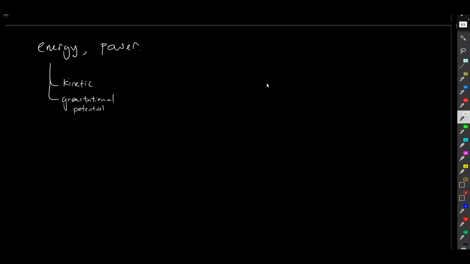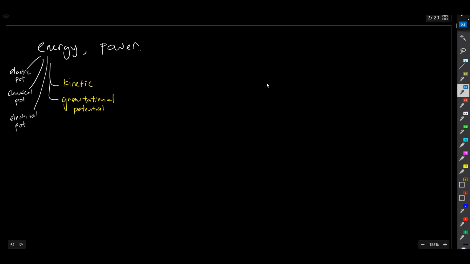Of course, other energy that you need to know includes your elastic potential energy, your chemical potential energy, or your electrical potential energy, which is the energy that you have been dealing with for a while in the past few chapters of our lessons. So we have elastic potential, chemical potential, electrical potential. However, we are not interested so much in these three today. We are more interested in these two.